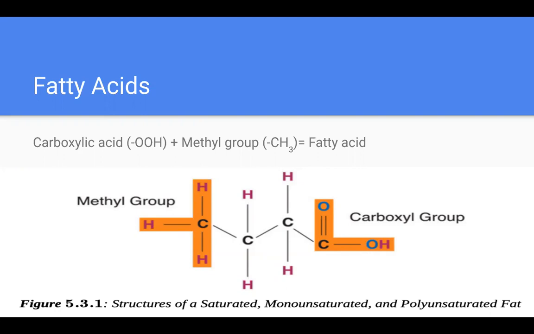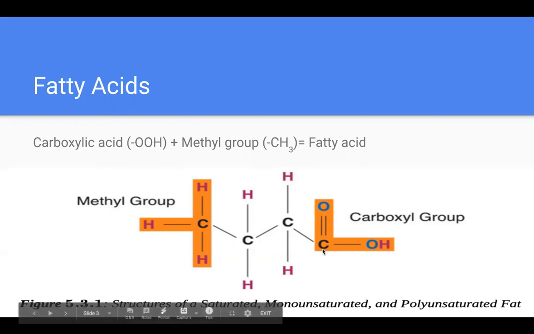And because it's a low melting point, it's going to be more liquid in its state because it takes less heat or less energy to turn that fat into a liquid.